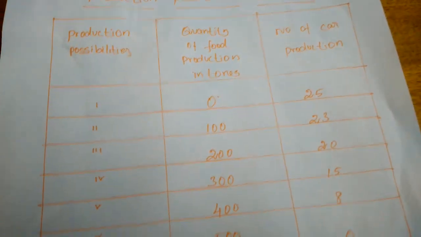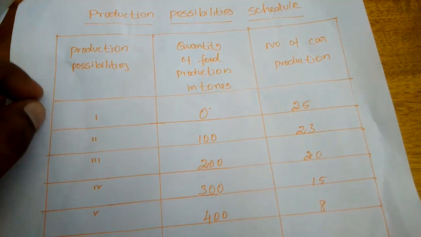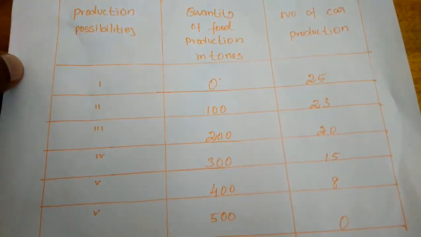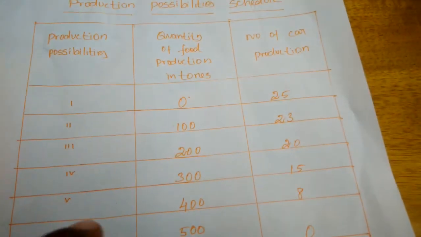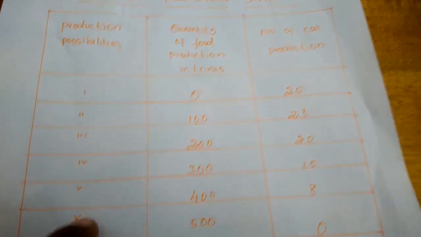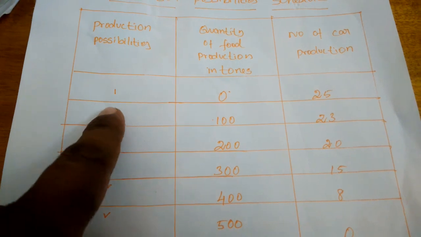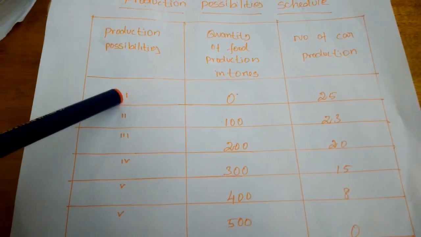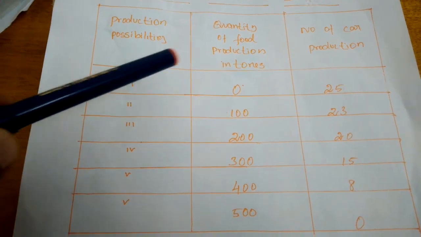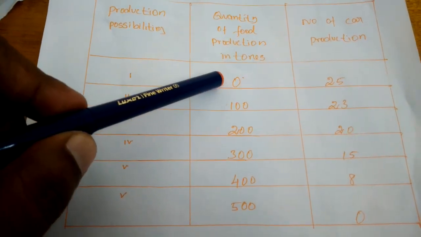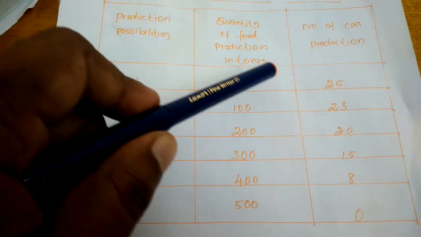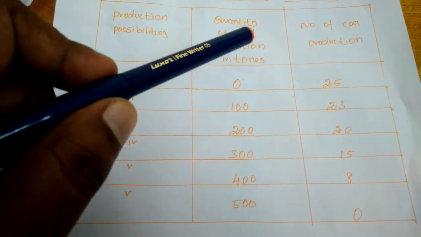Not only that, we studied the production possibility schedule before studying the production possibility curve, so we can easily understand the schedule. Here, six possibilities are there. In the first possibility, the government can produce 0 tons of food, or 25 cars.